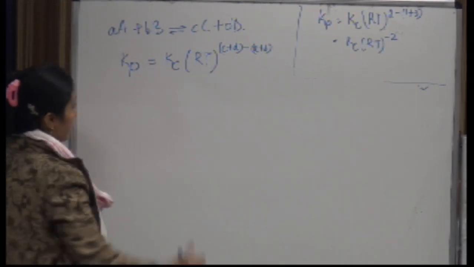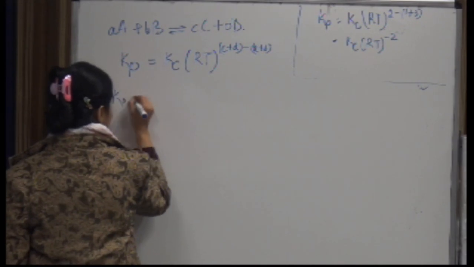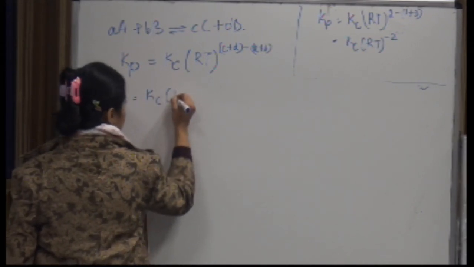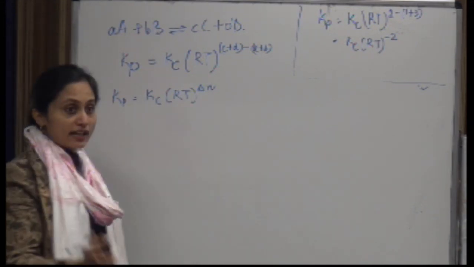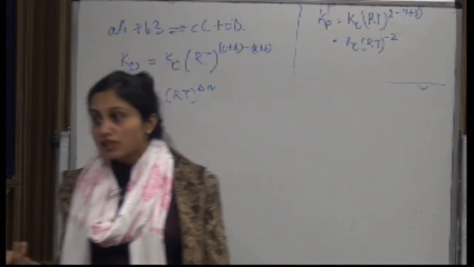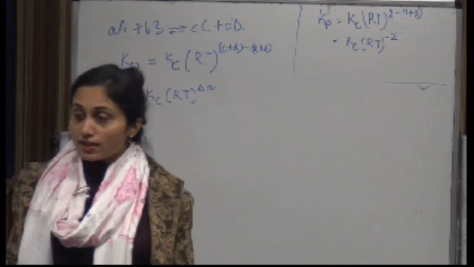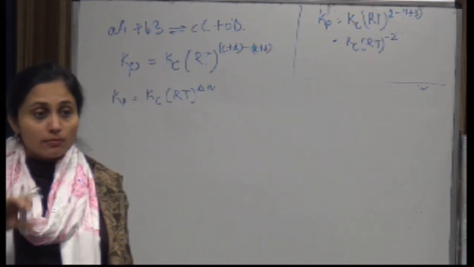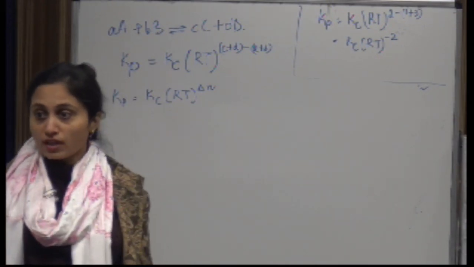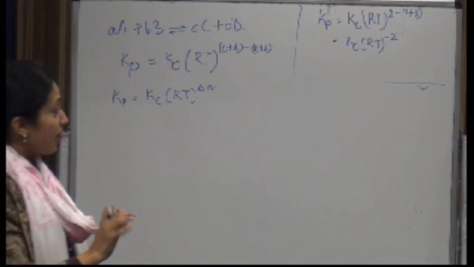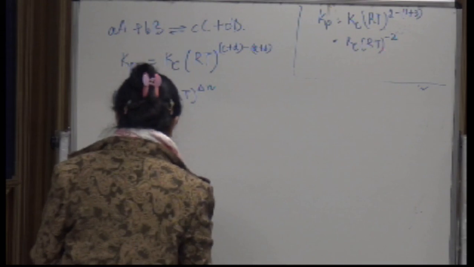So Kp can be generally written as Kc into RT to the power delta n, where delta n is the change in the number of gaseous moles, meaning the number of moles of the gaseous products minus the number of moles of the reactants.